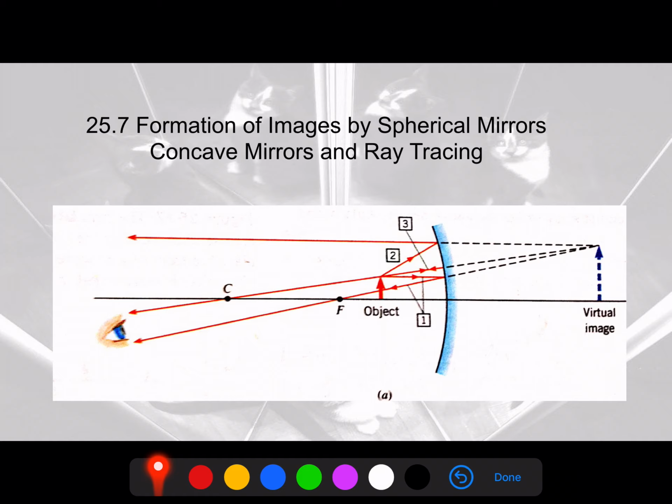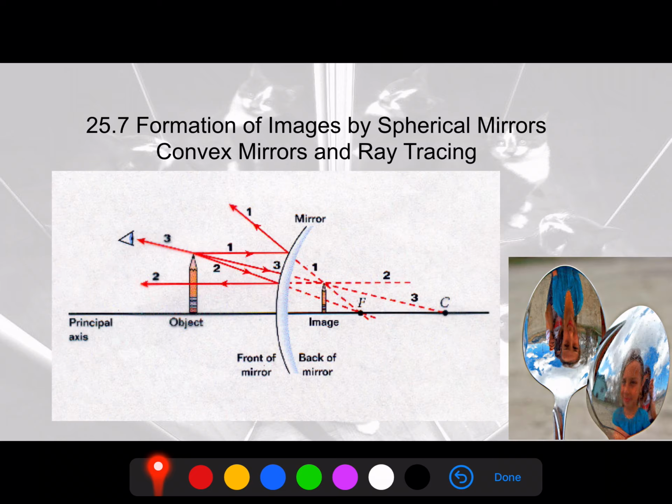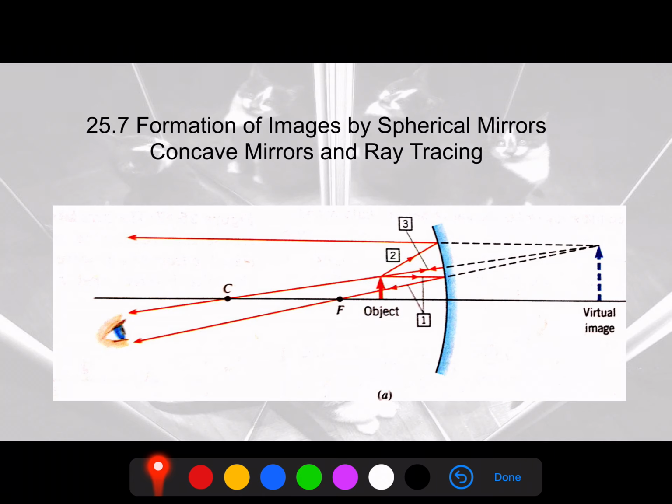If I place the object so close that it is inside the focus of the concave mirror, then when I go through the ray tracing steps, number one being to draw the line parallel to the axis and then through the focus. Number two, one through where the focus ought to be, but that's really kind of hard to define because you're inside the focus.